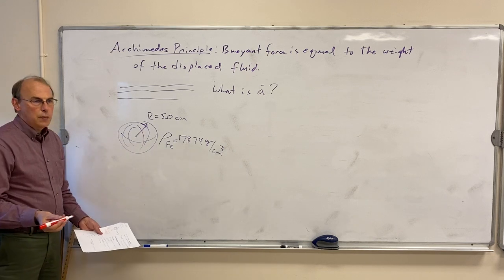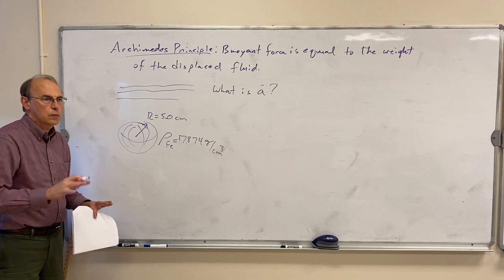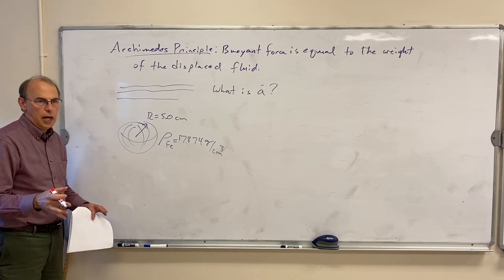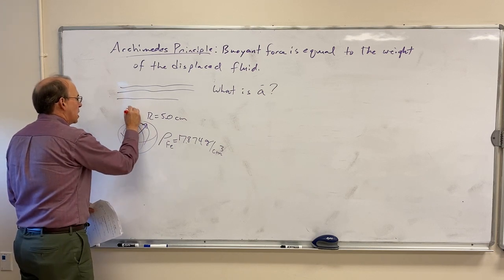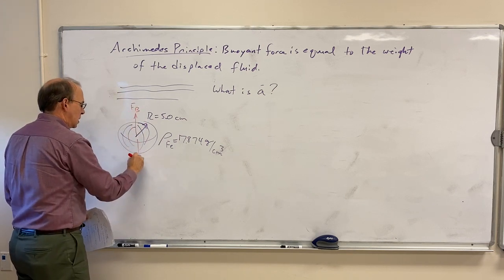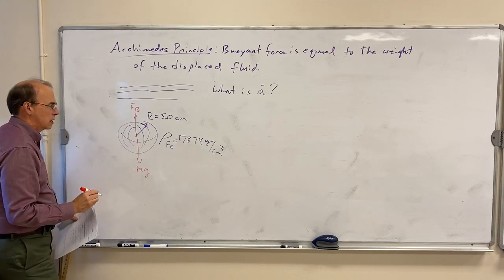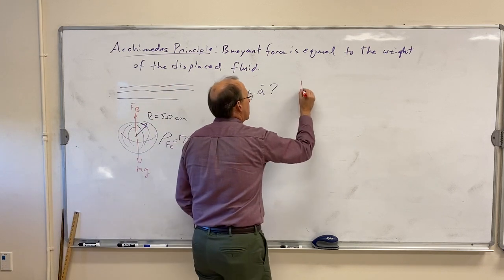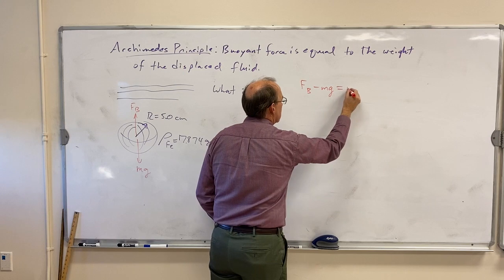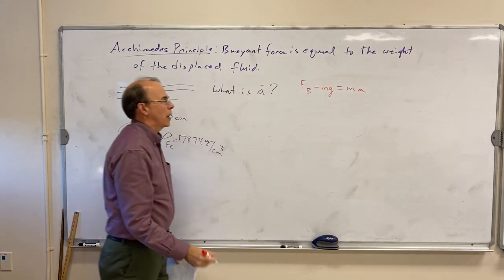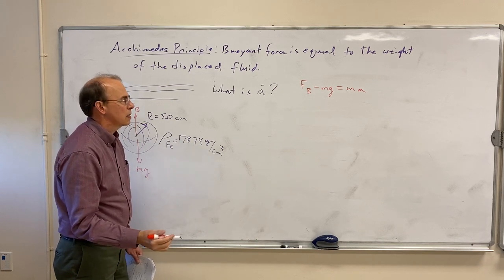I want to use F equals MA, and I'm assuming no drag force. If you've studied drag in lab, I'm assuming no drag from the liquid. My forces are F buoyant up and mg of the object down. So I know F buoyant up minus mg down is MA. So I need F buoyant, mg, and MA.